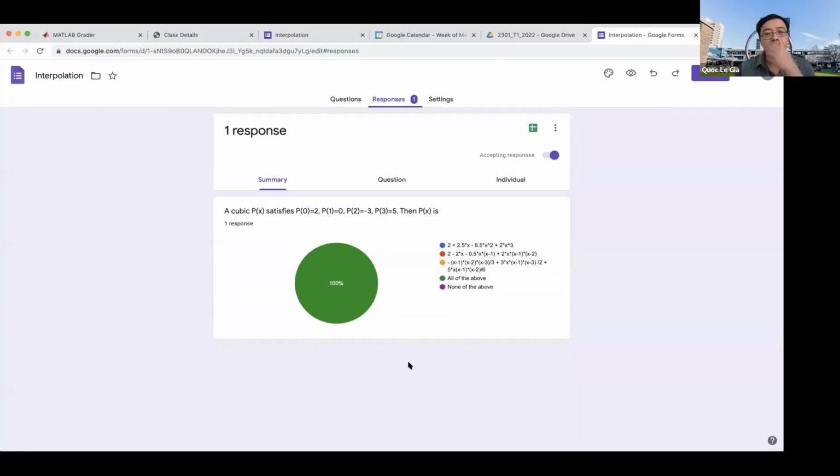Okay, I can show you the response. Essentially we have one single response, the green one. Wow, at least 4 people. We have two responses, five responses, but 2 answers.